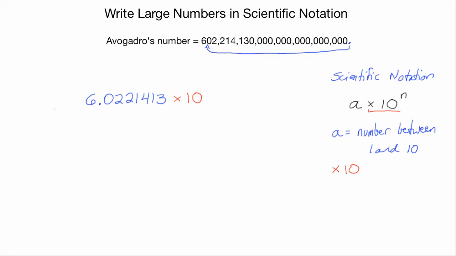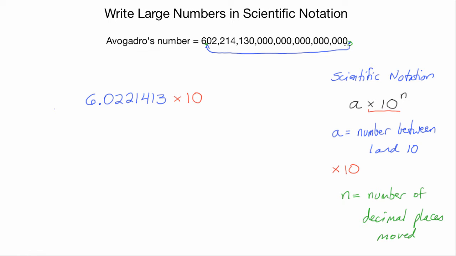The last part to figure out is this value for n. Now n is just the number of decimal places moved. How many tens places did we move it over? So we can see we started here and we went all the way to the 6.